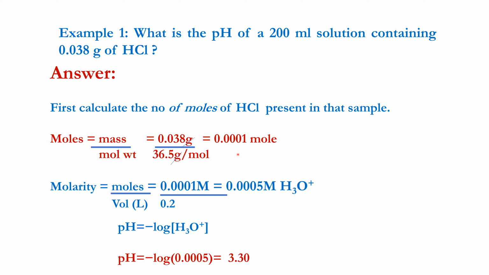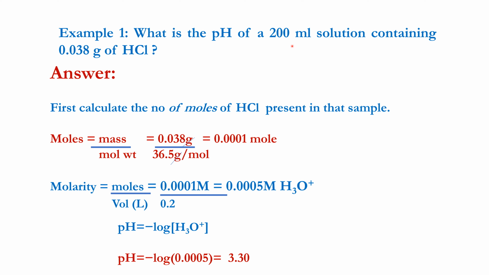If we divide 0.038 by 36.5, we will get 0.0001 mole. Now that we have the number of moles, we can calculate molarity. Molarity is equal to moles divided by volume, and that volume must be in liters. So we put in the moles that we calculated, which is 0.0001 mole. The volume we are given is 200 ml.